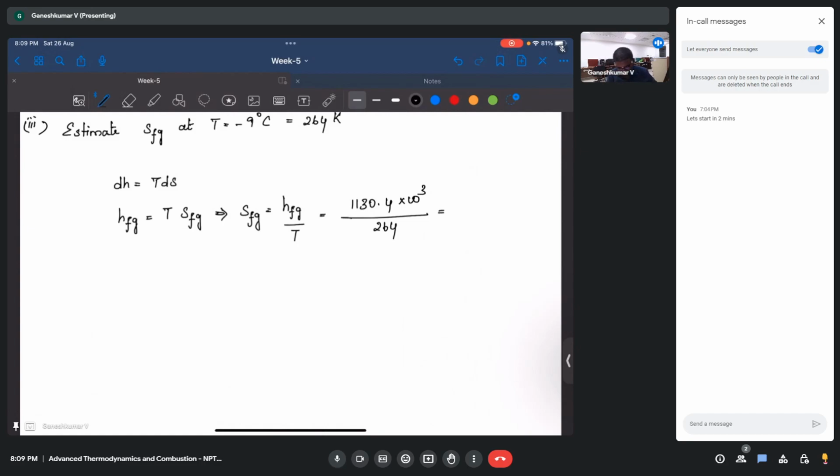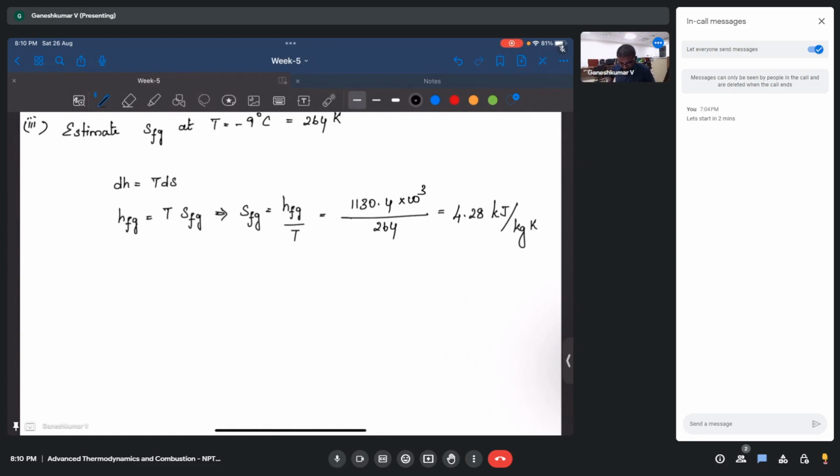So it is going to be 1130.4 into 10 power 3 divided by 260 into 4, so coming out to be 4.28 kilojoules per kg Kelvin.